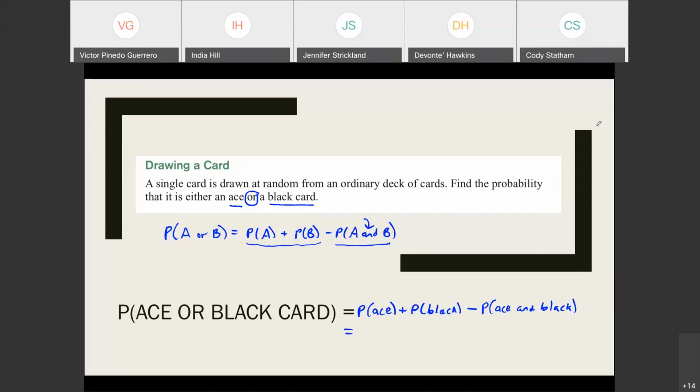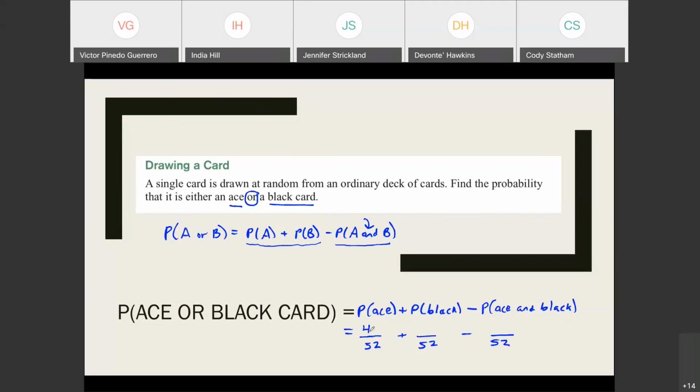All right, so I know that when I'm dealing with a deck of cards, everything's out of 52 because there are 52 cards in the deck. So I'm going to go ahead and do that on the bottom so we don't have to worry about that. All right, so look at your card picture for me, and somebody tell me how many aces there are in the deck. 4. 4, good.